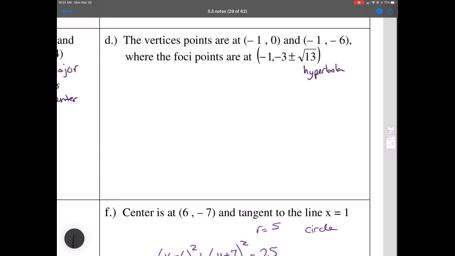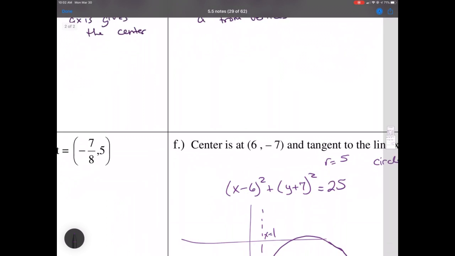Alright, so if you find your center point will come from the midpoint of your vertices, and the foci points, you can identify what C is from the foci points. And you can get A from the vertices. And if I have A and B, then I can find out what C is using that Pythagorean relationship. And then I can write the equation of this hyperbola.